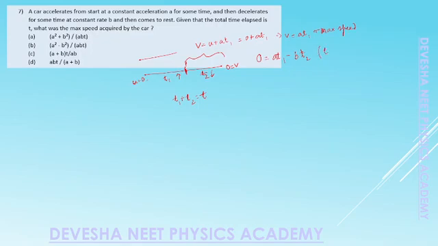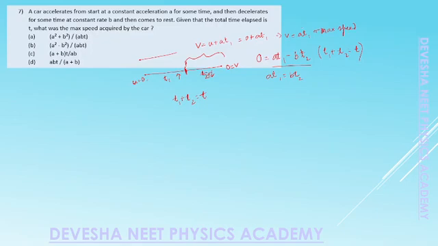And we know that t1 plus t2 is equal to t, okay? So it means that a t1 is equal to b t2.